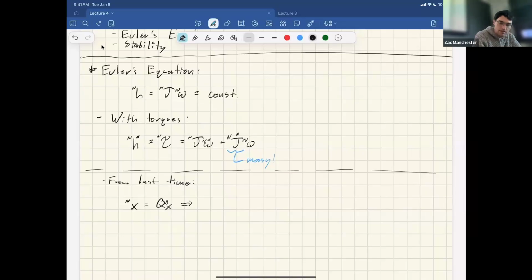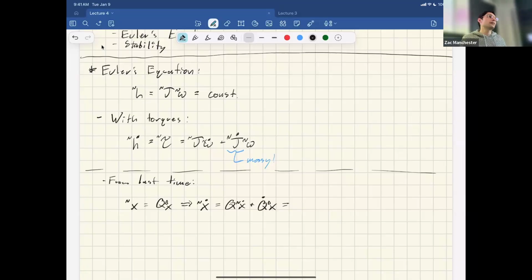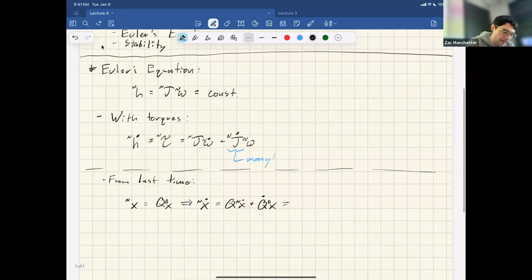If I diff this with respect to time, just from the standard product rule, freshman calculus stuff, we get this. And now we have this nice little recipe. Essentially, the thing to remember is that anytime you see a Q dot, it equals Q times omega hat. That's basically what we got to when we talked about rotation matrix kinematics, right? So now everywhere you see a Q dot, you just plug that in.